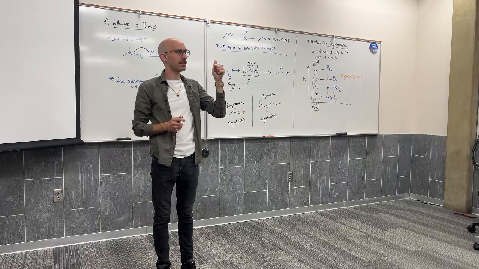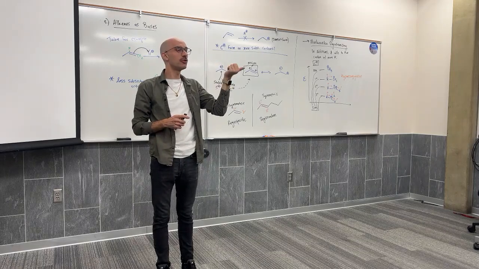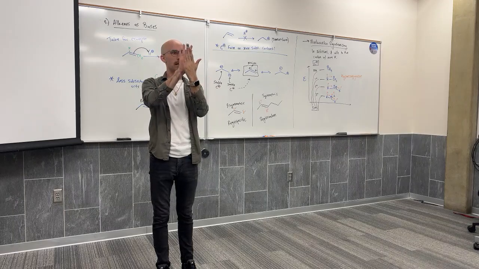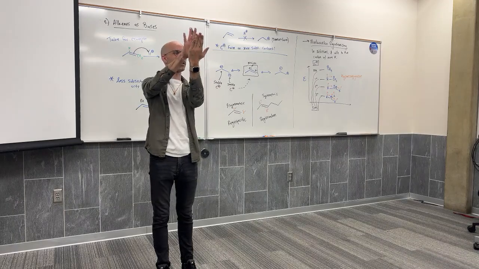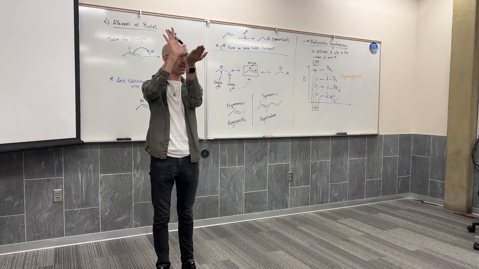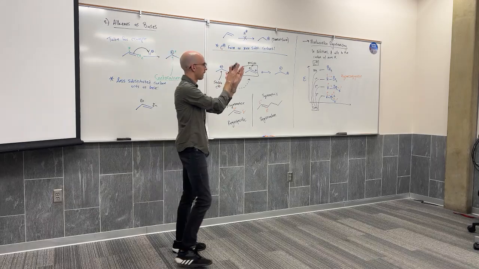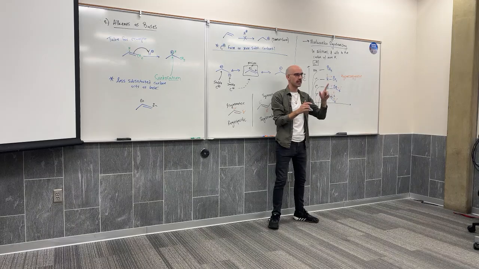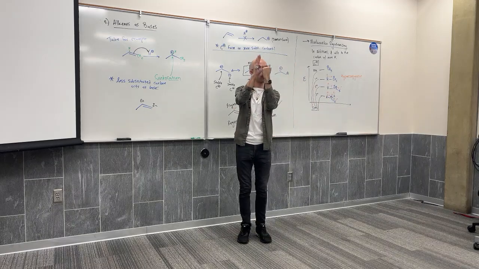Back in unit 2, we learned about conformations of molecules, and we said that eclipsed conformations experience electron repulsion. This is basically that same eclipsed conformation, except now there's not a lone pair or a bonding pair.